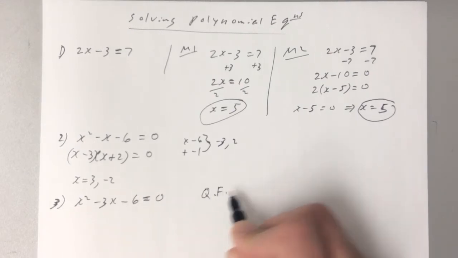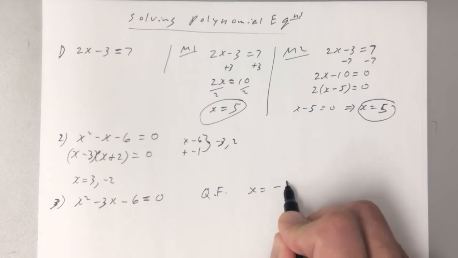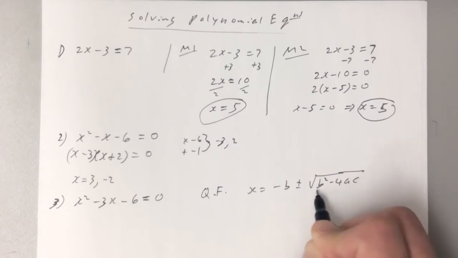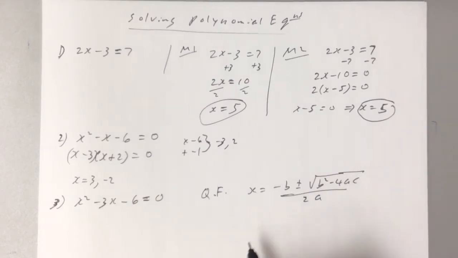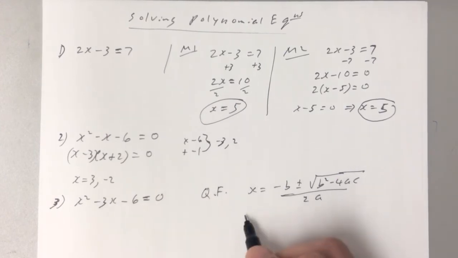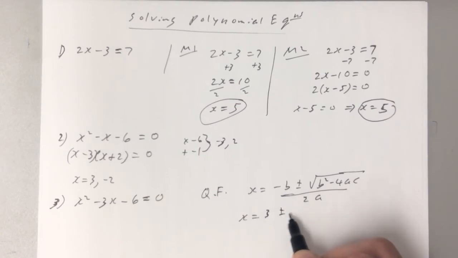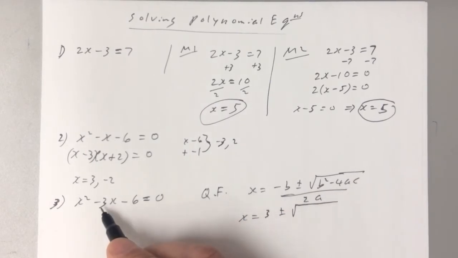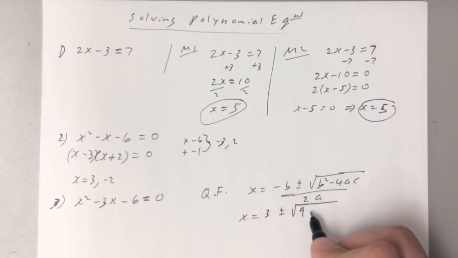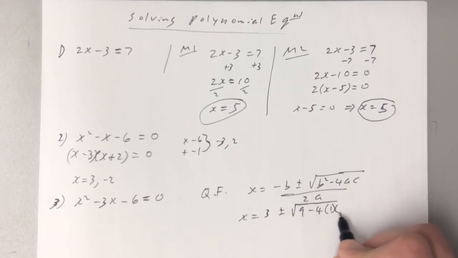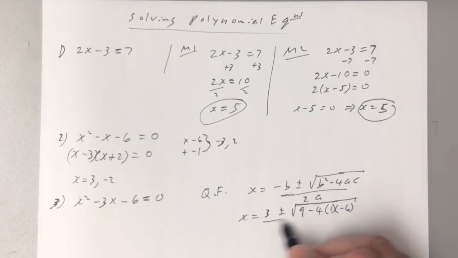Quadratic formula, which means x equals negative b plus or minus the square root of b squared minus 4ac, all over 2a. So we're going to look at this quadratic. x equals negative b, so it's going to be 3, plus or minus the square root of b squared. So negative 3 squared is 9, minus 4 times 1 times negative 6, all over 2.